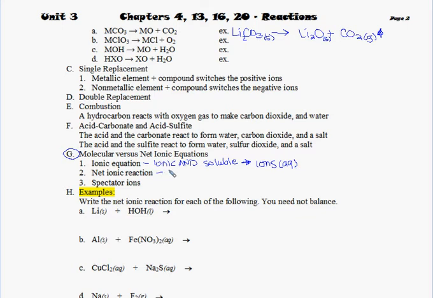A net ionic reaction means that you'll remove any species, so it could be an ion, it could be water, and you want to remove it because it's actually not doing anything.